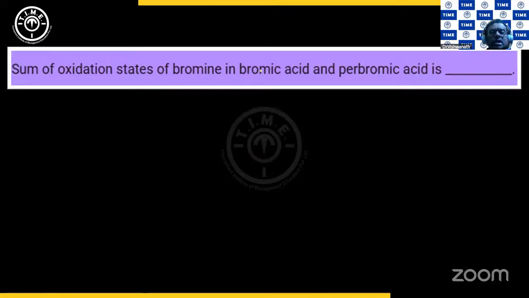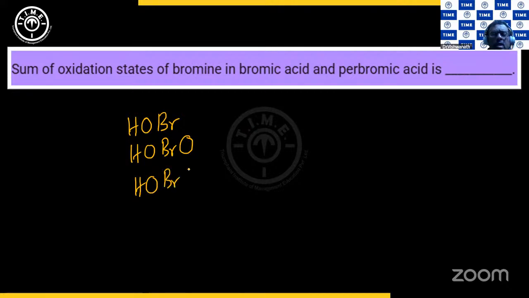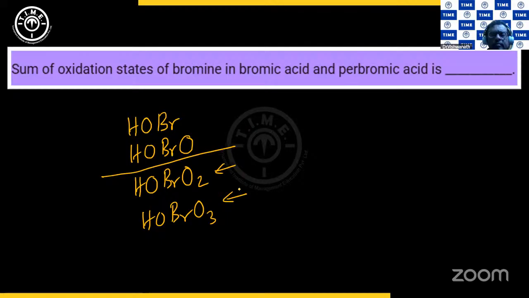Sum of oxidation states of bromine in bromic acid and perbromic acid. Now this is hypobromous acid. This is bromous acid. This is bromic acid. This is perbromic acid. Now, if you're looking at these two, bromic and perbromic, so you can take this HO as -1. So -1 plus X plus 2 into -2 is equal to 0. So X is what?